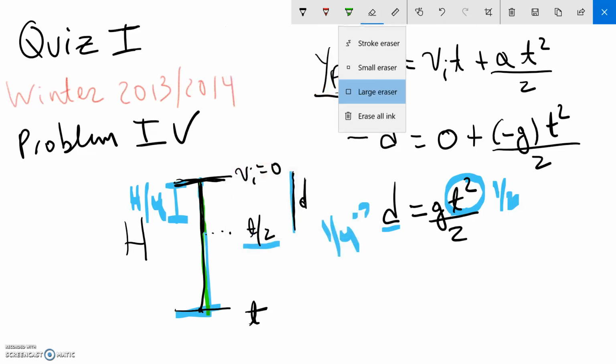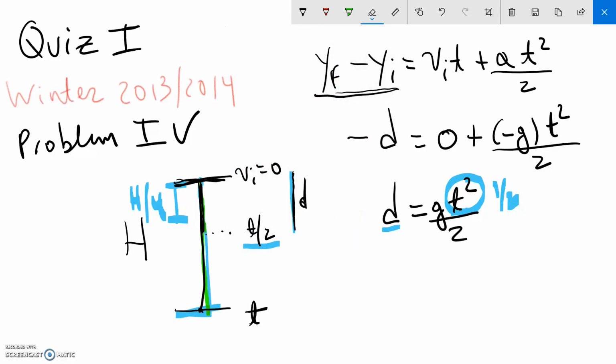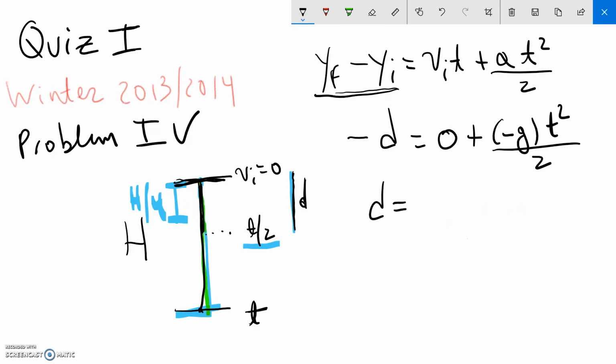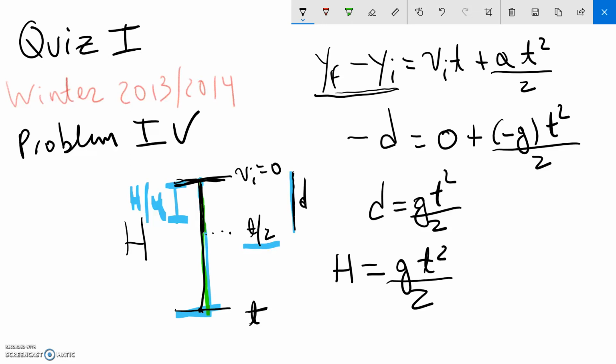Okay, if you're not getting that conceptually and you want to make sure you know how to do this mathematically, I'll show you how to do it right now. The way to show this mathematically is, you know D is equal to g t squared over 2 based on that equation. The time that they're talking about is t, and when I have the whole time, I get h.